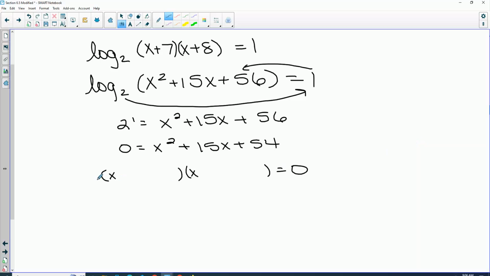So if we set those equal to 0, we get negative 9 and negative 6.